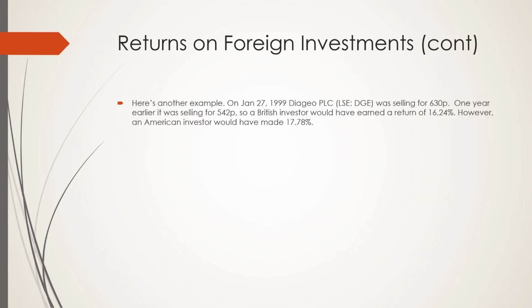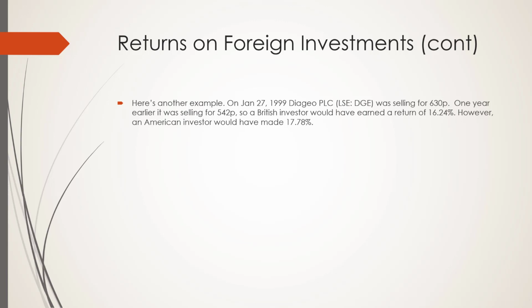Here's another example from a couple of years later. In this case, you're purchasing Diageo PLC, and you sold it on the London Stock Exchange for 630 pence per share. And 1 year earlier, you could have bought it for 542 pence per share.